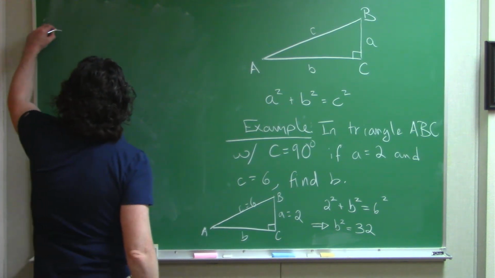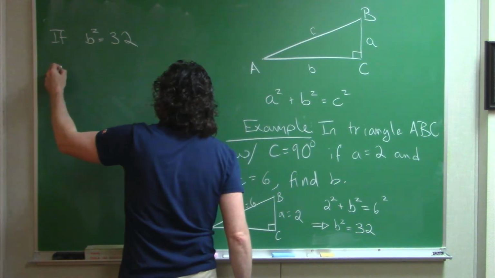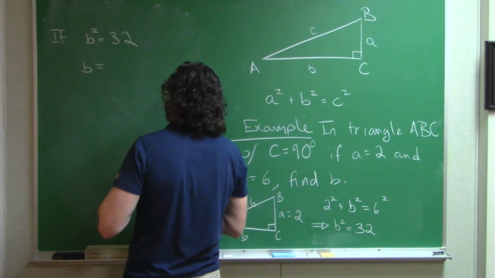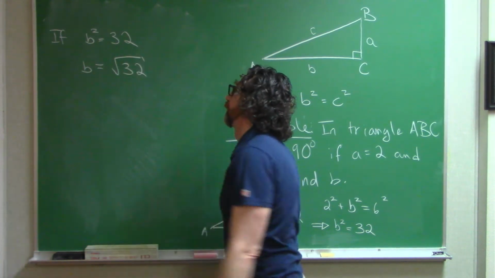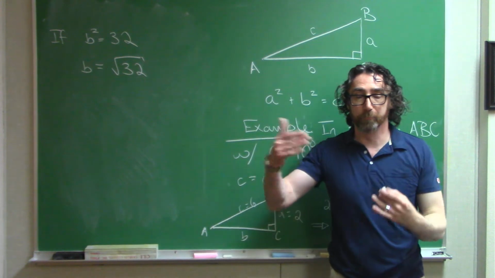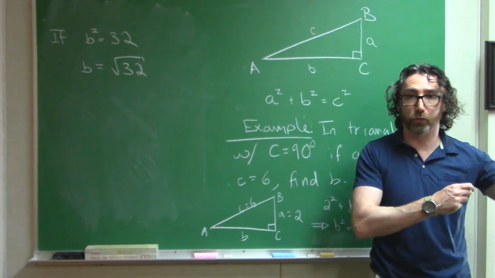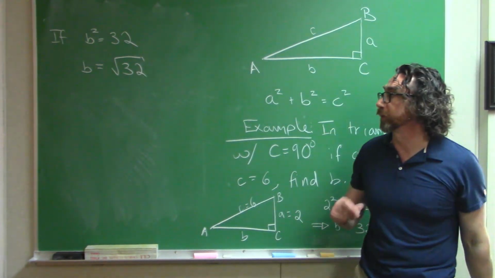So if b squared equals 32, then b would be equal to whatever the square root of 32 is. So that's how we work backwards from the result of squaring. We take the square root. So squaring and square roots are inverse processes of each other. They undo each other.